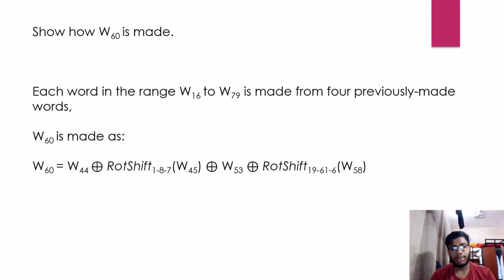In this process, the initial round will not have any content, so we need to fill this buffer with some initial values, an initialization vector. So here in SHA-512 we make use of some constants for initialization, which are given like this. So we initialize the buffer.